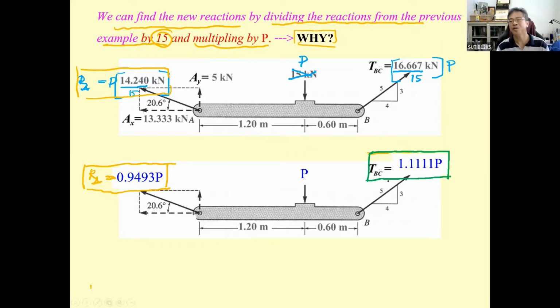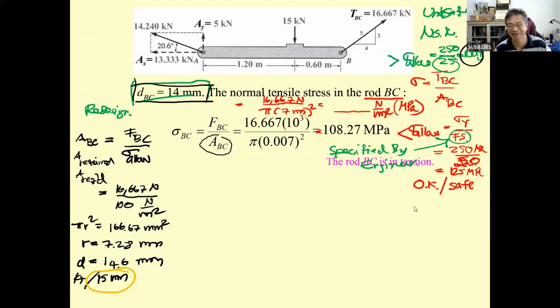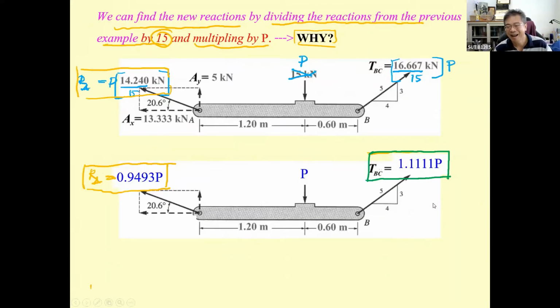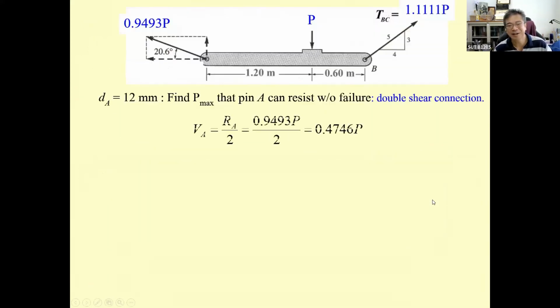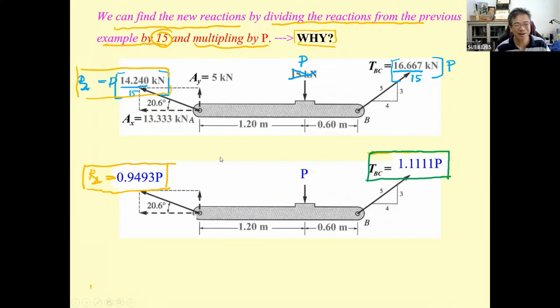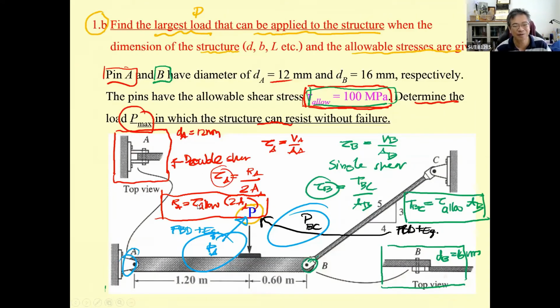Now, what's next? Go to the equation that we have. The pin at A is subjected to the R sub A as we know from before over here, equal to this one. And from the equation over here, what force is going to occur?